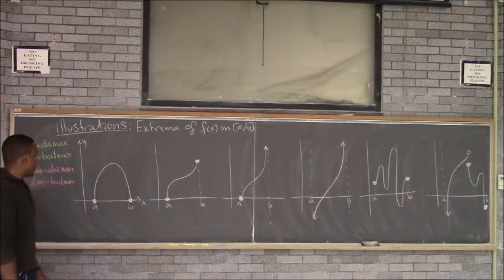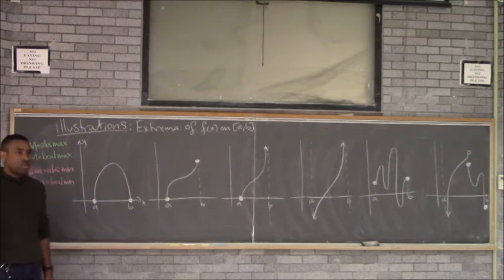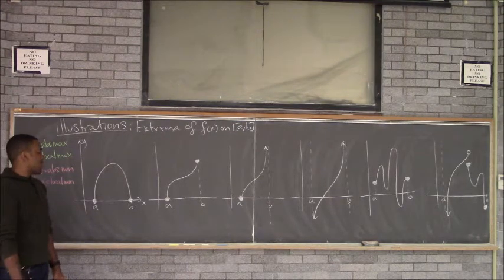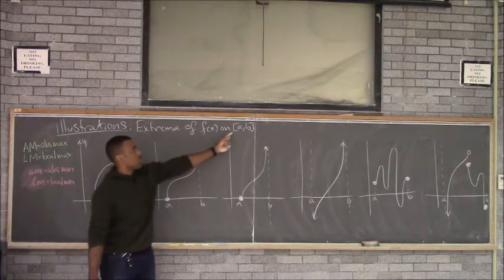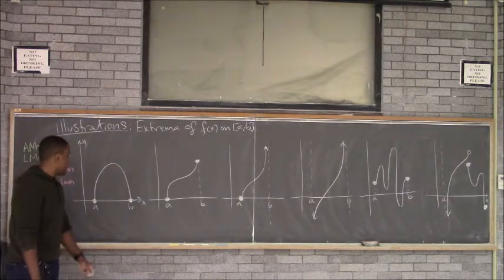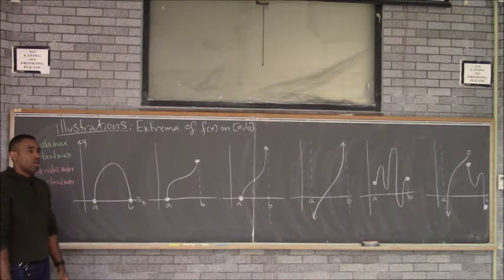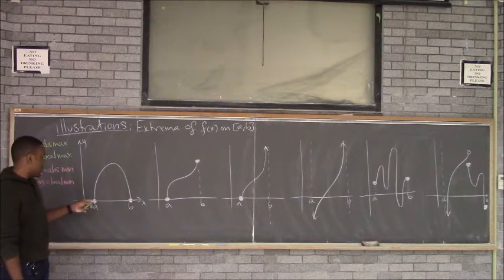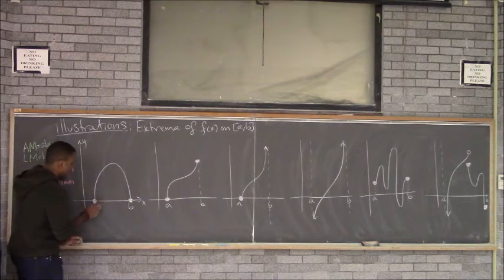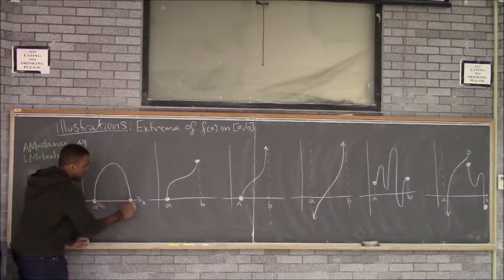So it's a point where the y value is going to be smaller than every other y value on the function on the interval of consideration. On the interval AB, are there any smallest y values? 0 is the smallest y value. It occurs here and here. There is an absolute minimum at A and B.